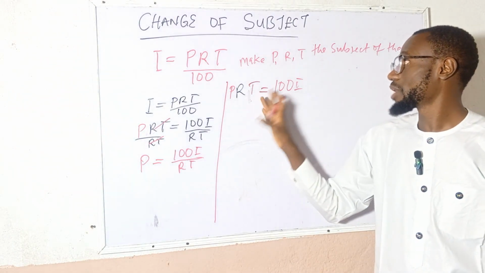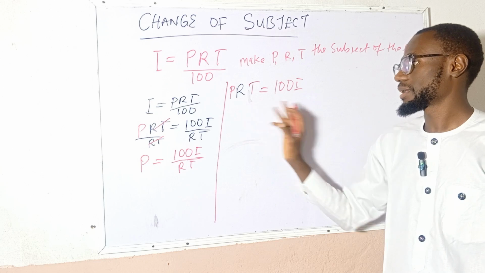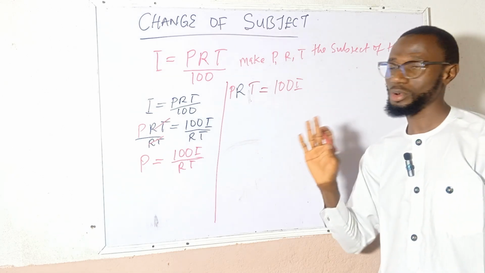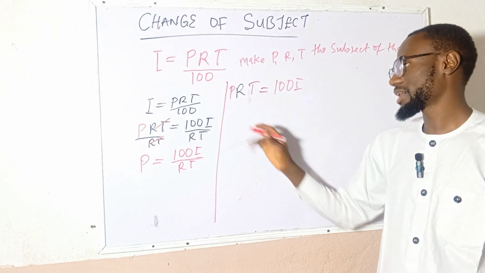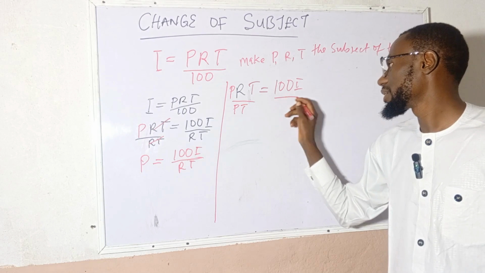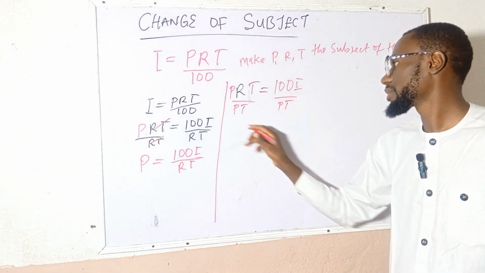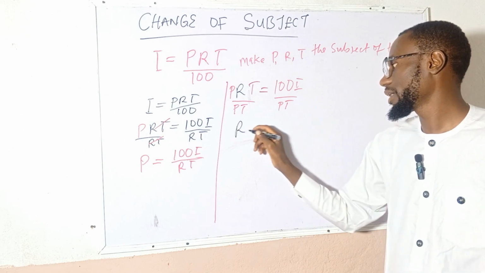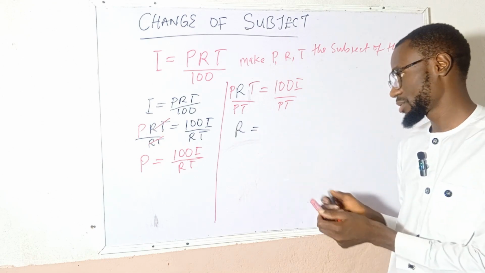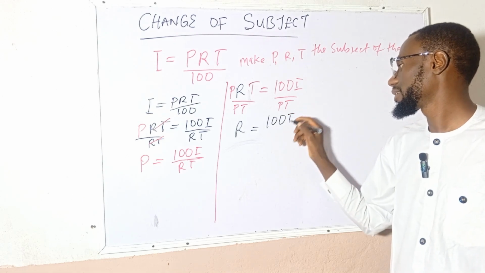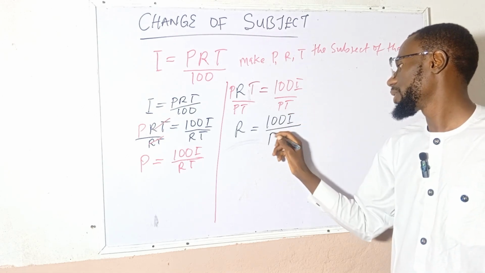Then since we are looking for R, we are going to divide both sides by the coefficient of R, which is PT. Let's divide both sides by PT, here by PT. Here we can have our R is equal to 100I all over PT.